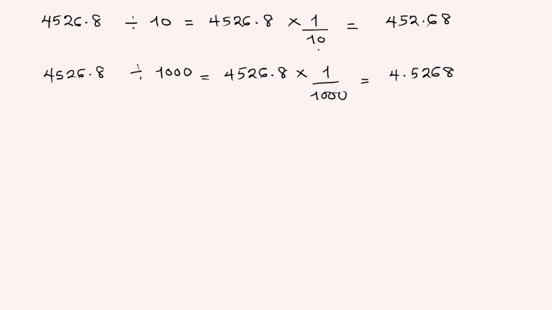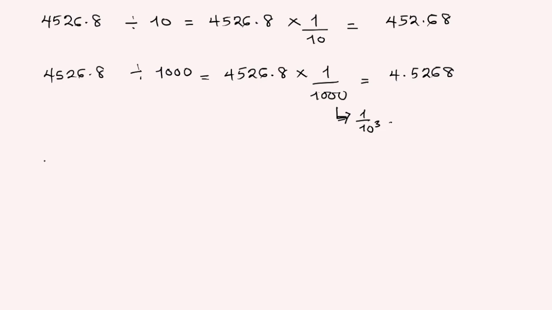Now just like when we multiplied by 10, we moved the decimal point one place to the right. When we divide by 10, you would notice here that we moved the decimal point one place to the left. And in this case, we moved the decimal point 3 places to the left when we divide by 1000. And this is also the same as saying 1 over 10 raised to power 1, and this is the same as saying 1 over 10 raised to power 3. I hope this is not too messy.